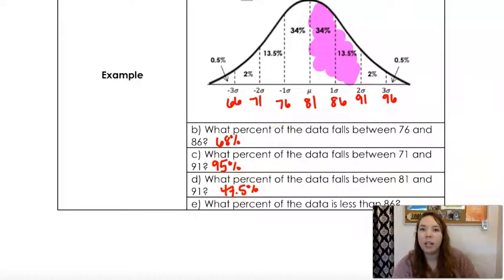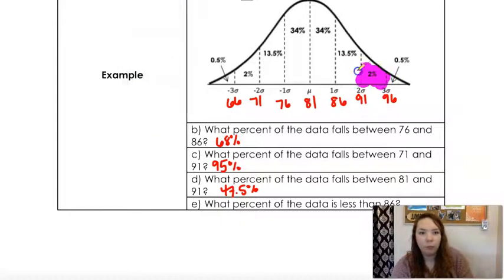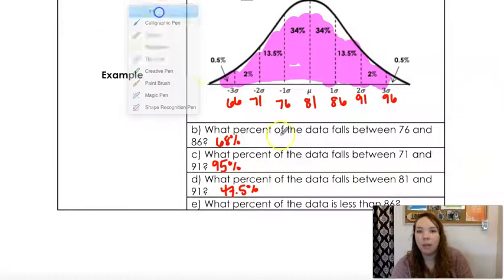And what percent of data is less than 96? Less than 96 would be all but that 0.5%. So 99.5%.